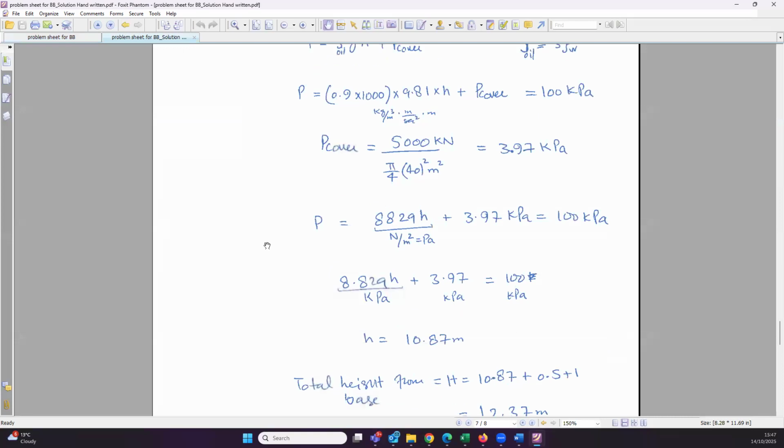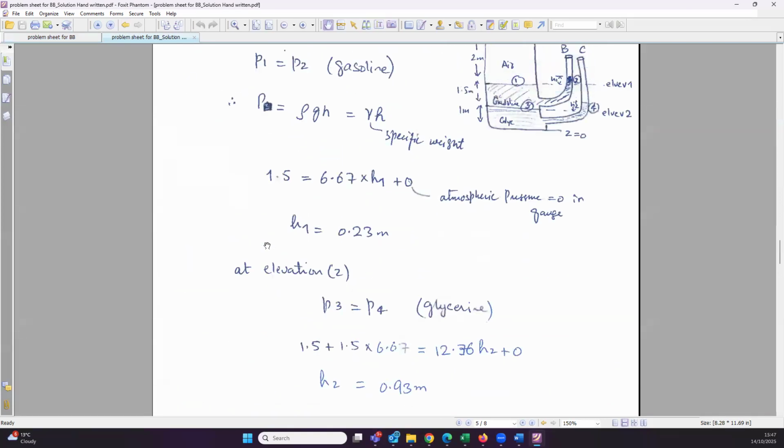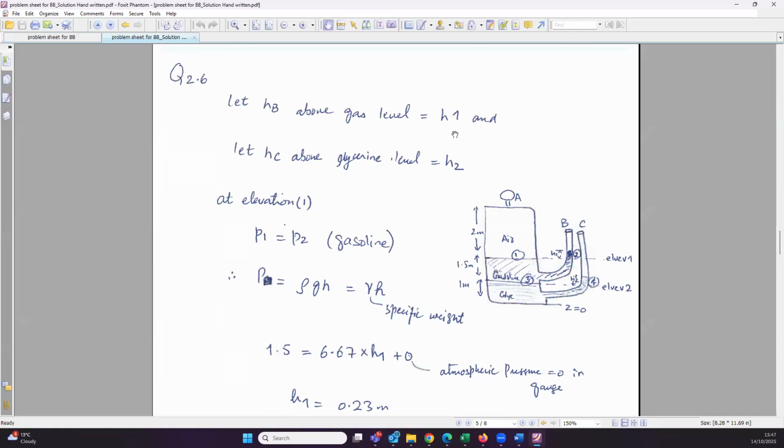So now to solve the question, we just go a little bit more. So this was point 1, this is point 2, but the height of the liquid in leg B is slightly higher than points 1 and 2, and we are calling it H1.